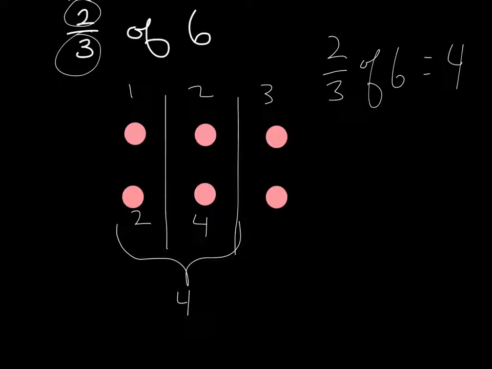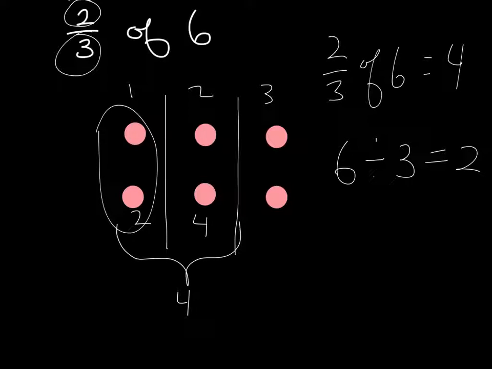So what I did here was almost the same thing that I did last time. I divided 6 by 3, and that equals 2, which was the number in each group. That gave me the number of circles in each group. But since I am not using a unit fraction this time, remember when we practiced this morning, we always used unit fractions and we multiplied by 1.